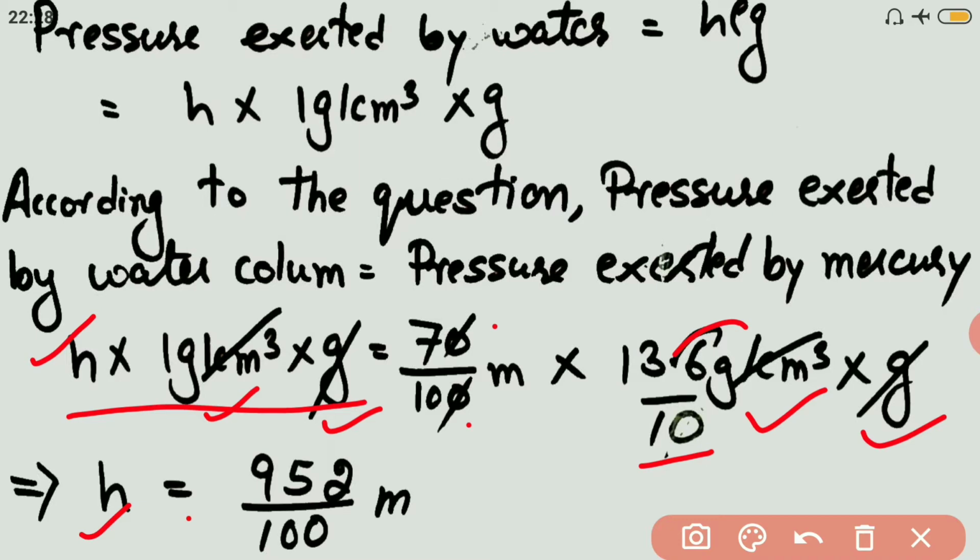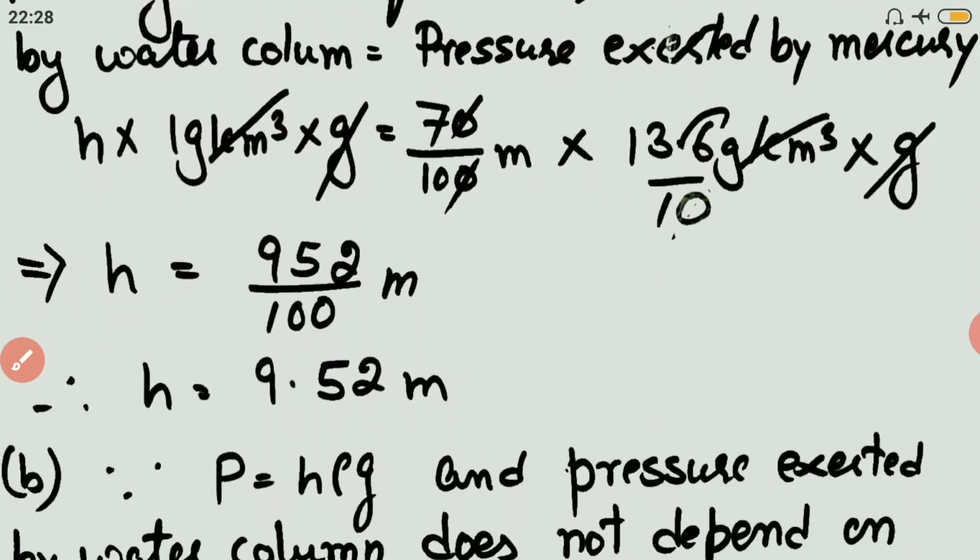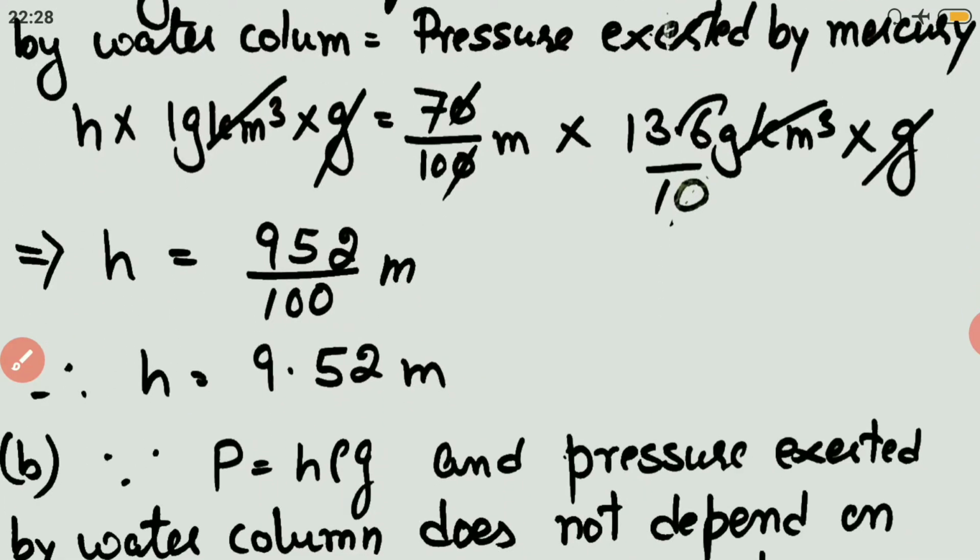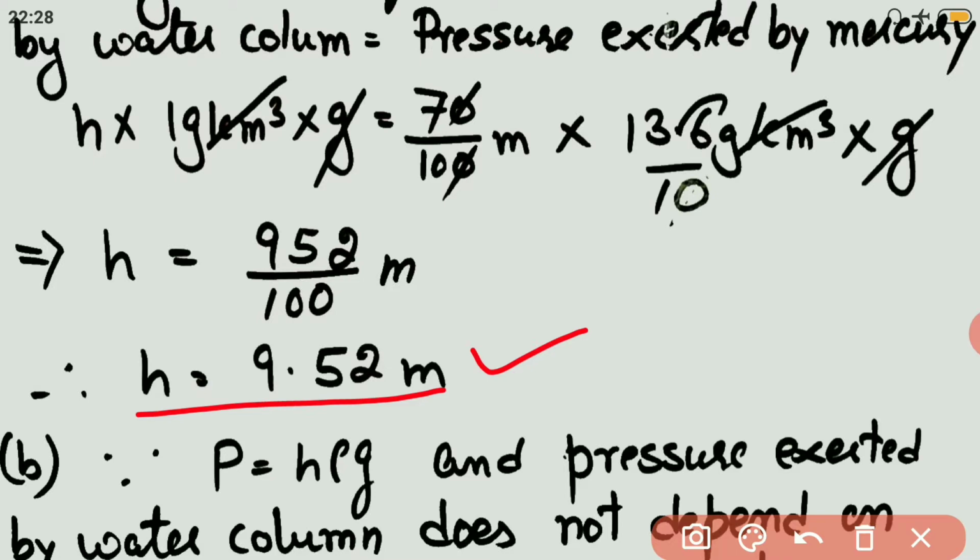After calculating in all, I am getting 952 upon 100, which is H equals 9.52 meter. To get this in SI unit directly, I converted in the beginning. If you haven't converted, you will get the answer in centimeter, and then you can convert it into meter.